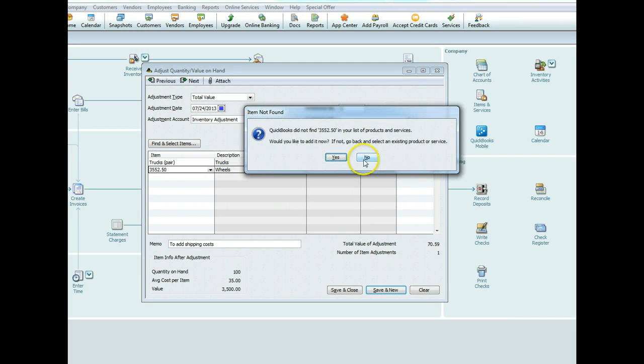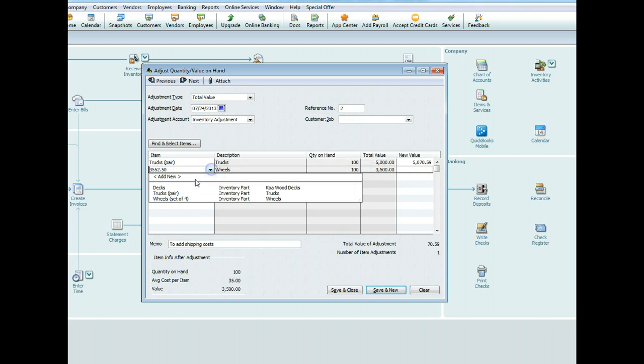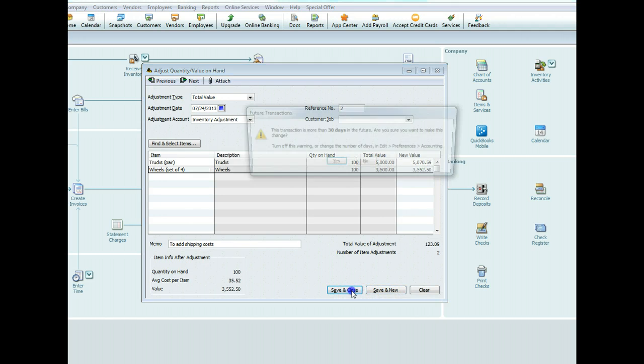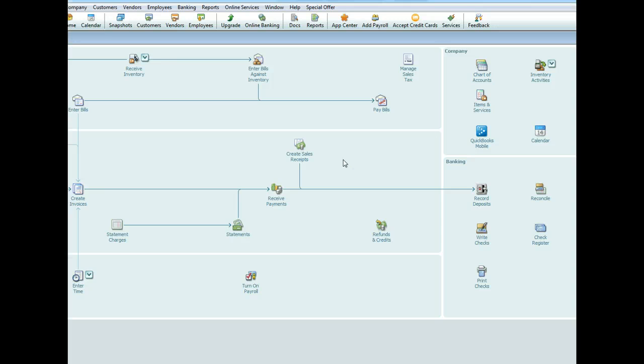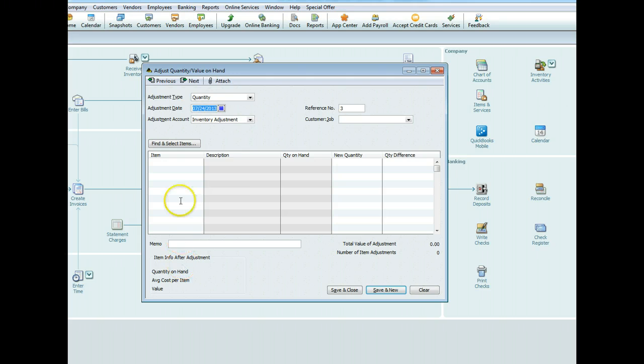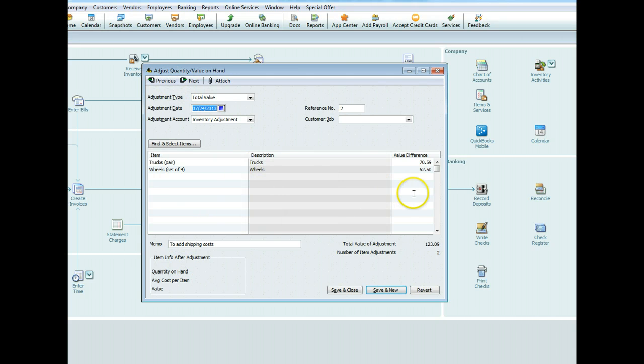I was in the wrong box. Wheels. Here's where I want to be. 3,552.50. Alright, save and close. I've got it in there. Let me just check here. Total value of adjustment 123.09 is not right.